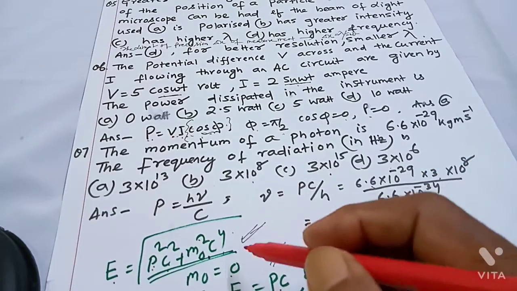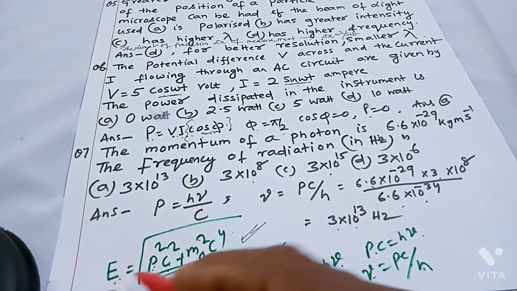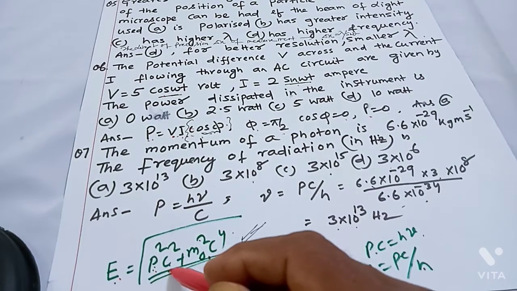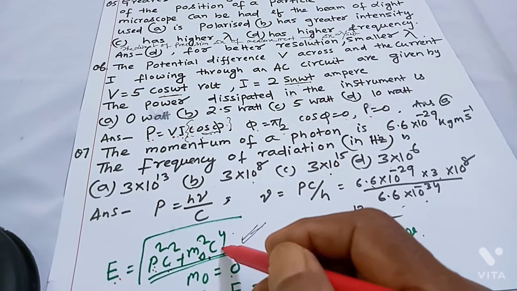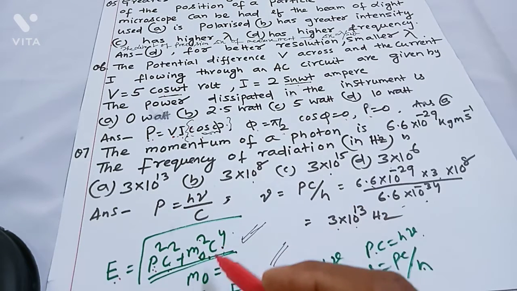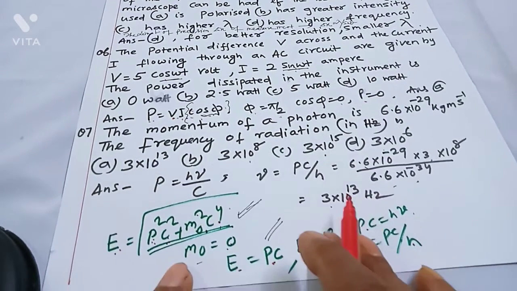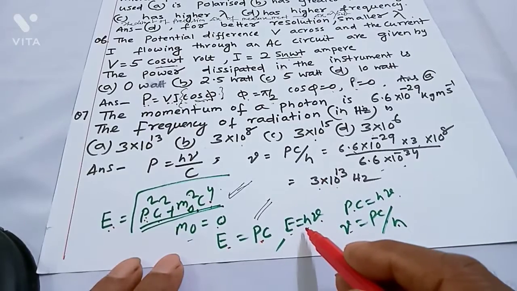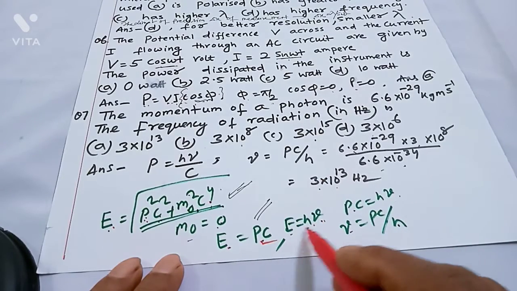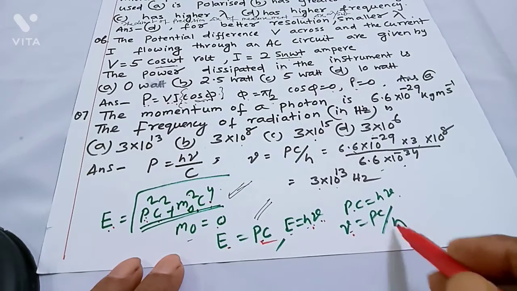We know the energy for a relativistic particle is equal to root under p square c square plus m0 square c to the power 4, and this is applicable also for the photon. Photon has rest mass equal to 0, so energy of photon equal to Pc. Further, we know the energy of photon equal to h nu, that is Pc equal to h nu, or nu equal to Pc by h.